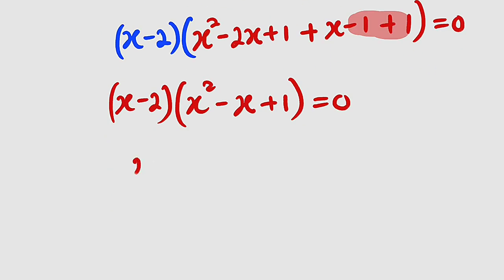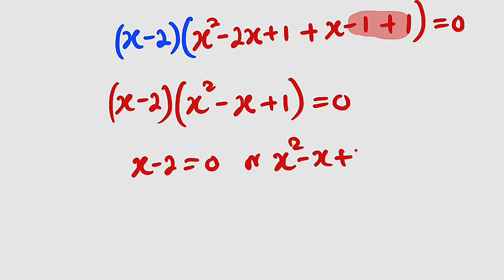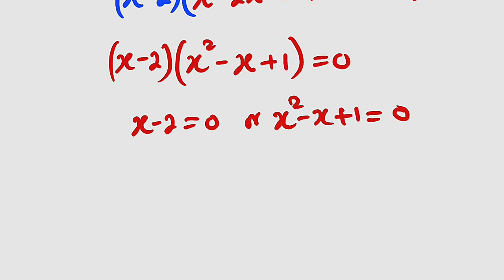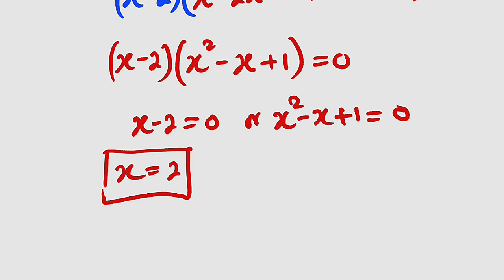So it implies that either x - 2 = 0 or x^2 - x + 1 = 0. Now you can see that we're going to obtain 3 solutions, because this will give us 2, and this is 1 solution. If you take negative 2 to the other side, you have x = 2, which is one of the solutions. Then here, this is a quadratic equation.